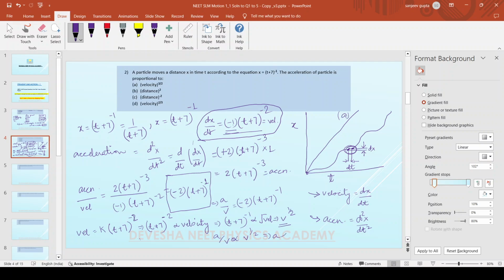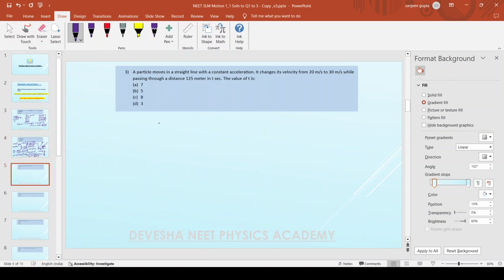It means acceleration is proportional to velocity to the power 3 by 2. Okay, so this is the answer. If you look at this, the very first option is the answer. Going to the next problem.